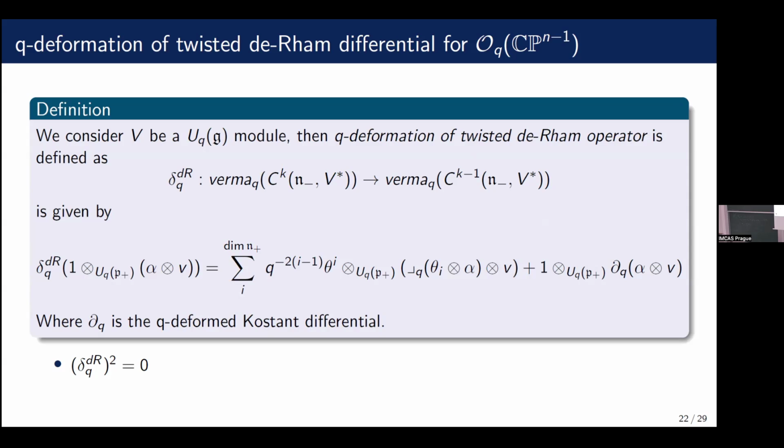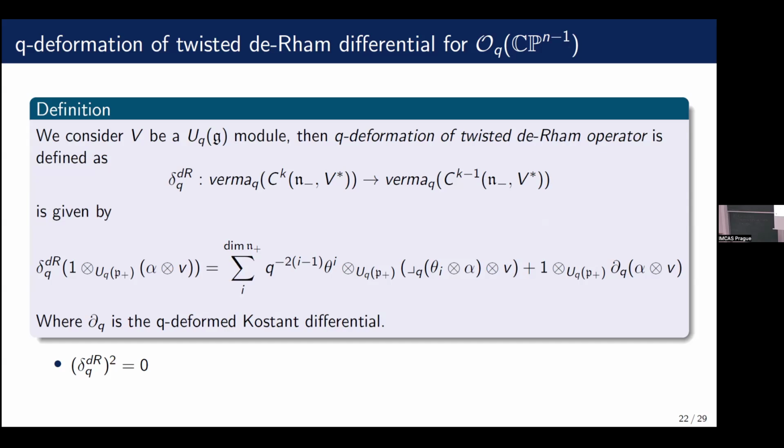So there's a contribution which comes from the Kostant, and the second contribution which is happening at the level of UQG. So here the main difference you can see, theta I, I'm contracting my theta I and I put it back, so as a left action. So here this is 1. So theta I is acting on the left side and gives you this guy.